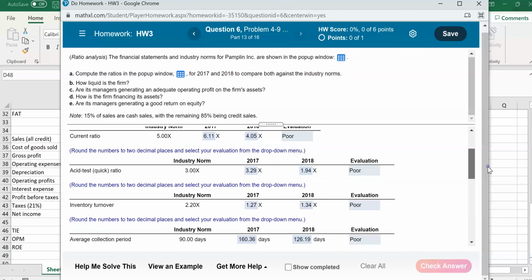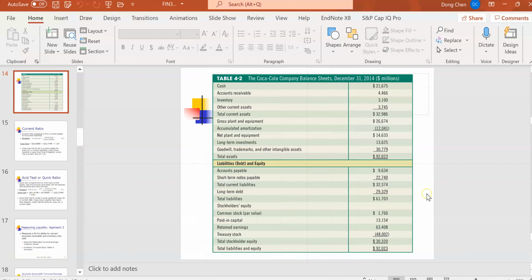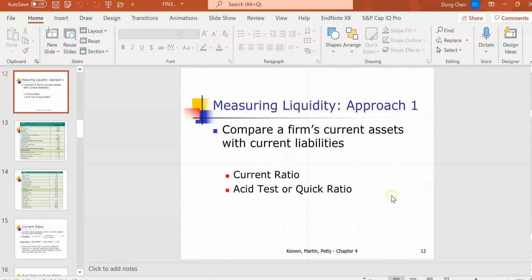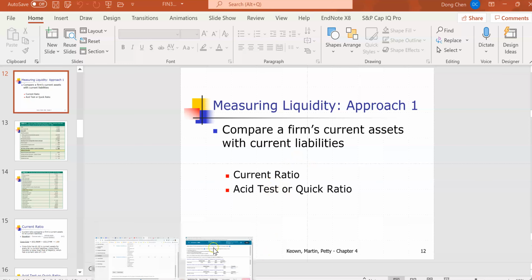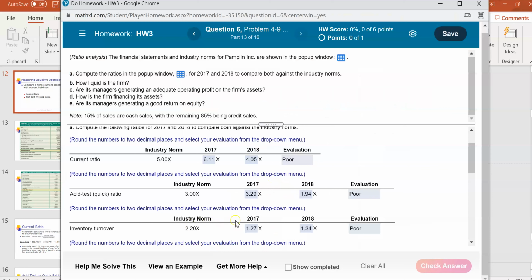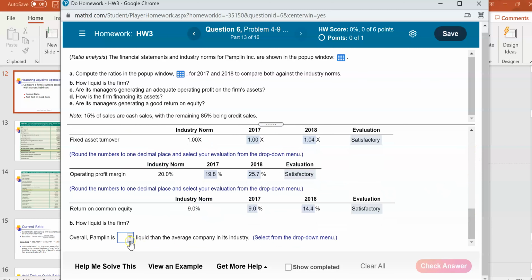We check the categories of the ratios. For liquidity we have two ratios, current ratio and acid test ratio, or quick ratio. We have done the calculations for both, and we find that both are poor. So this is less liquid than the average company in the industry.